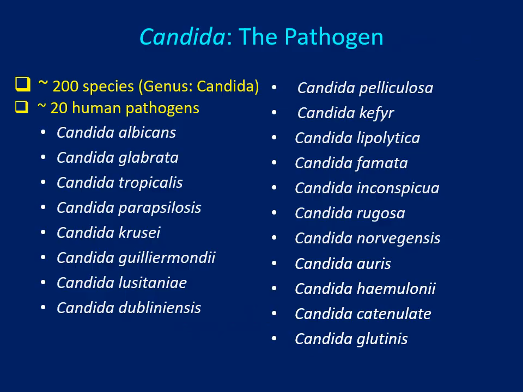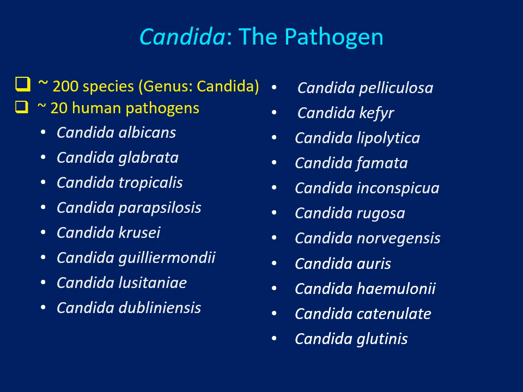So we know that there are around 200 species in the genus Candida. Twenty have been incriminated as human pathogens, and the list may even get larger and larger. The most recent addition is Candida auris, which is probably one of the most aggressive Candida species we have encountered.